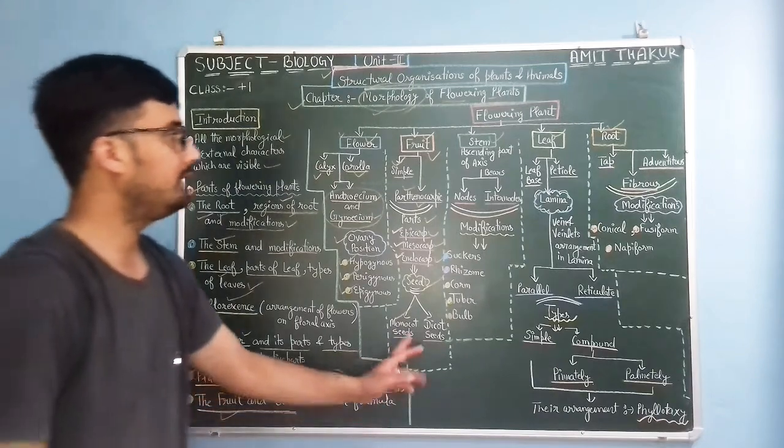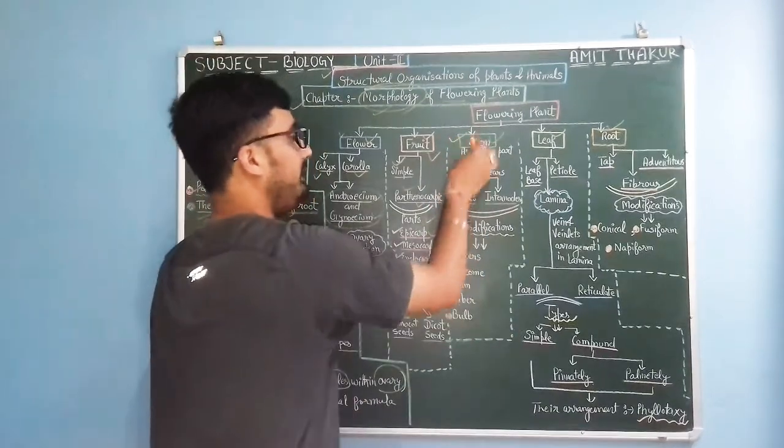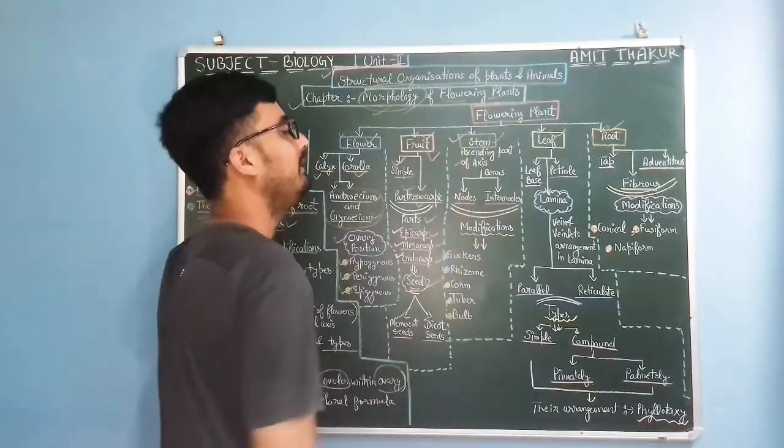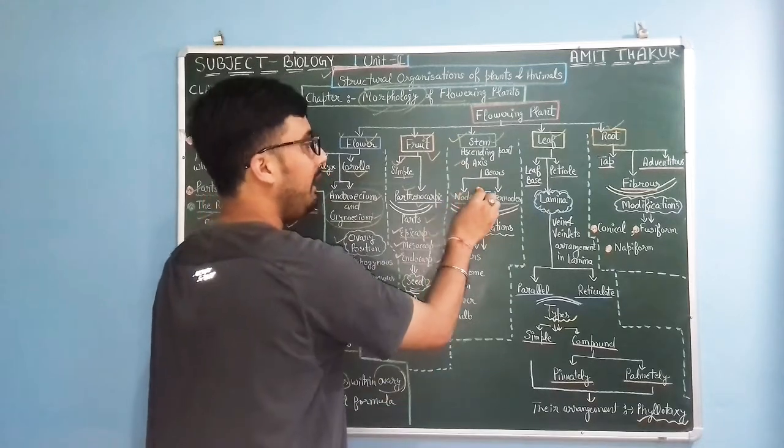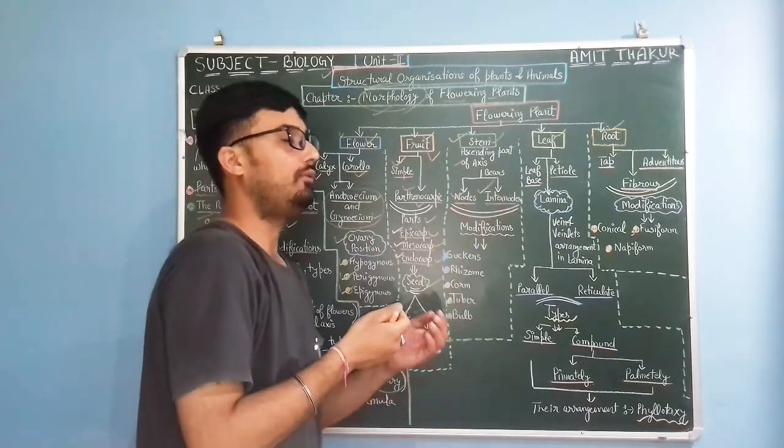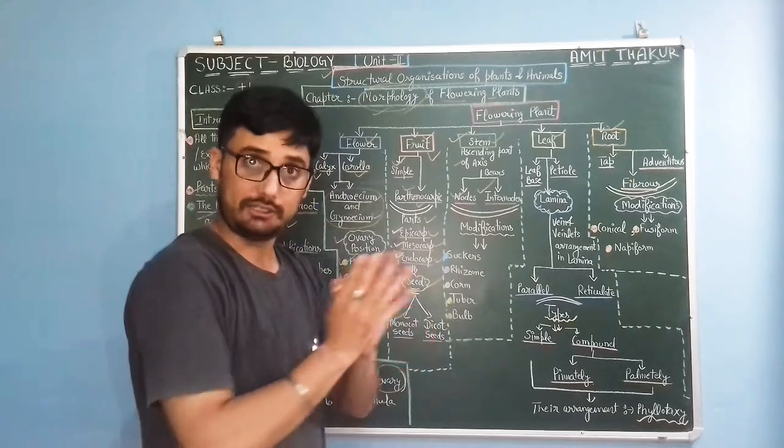Then stem, which is the ascending part of the axis; it bears nodes and internodes where branches originate.